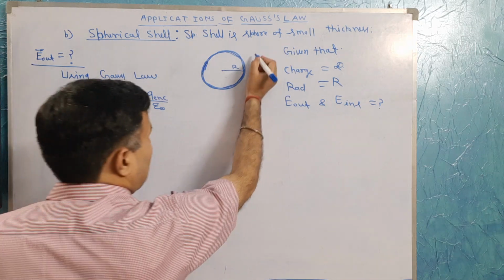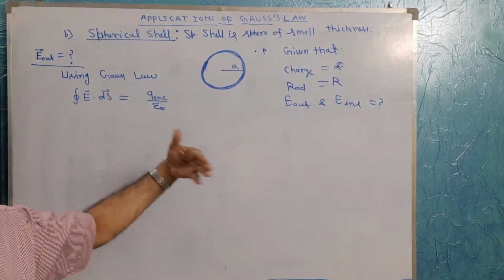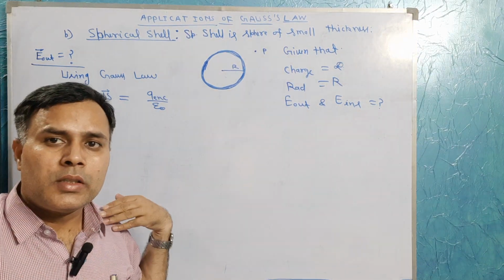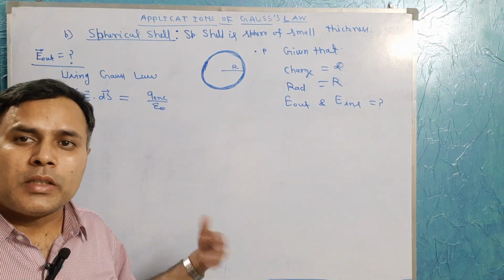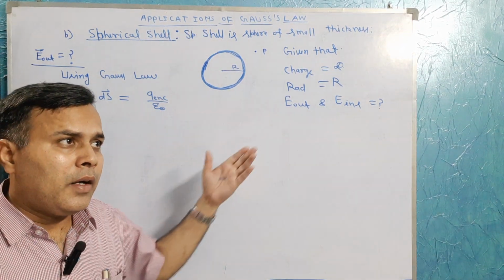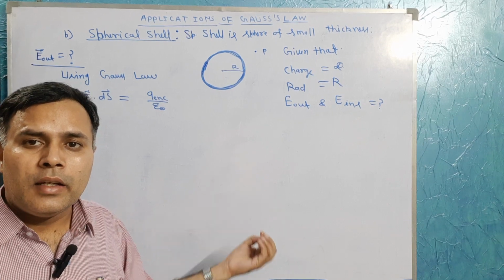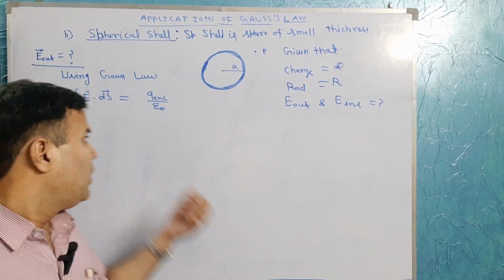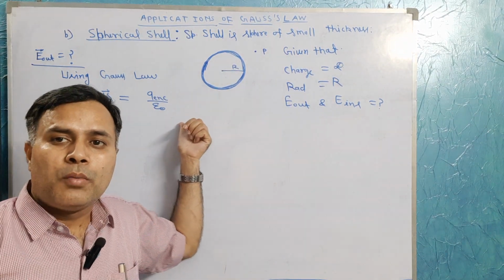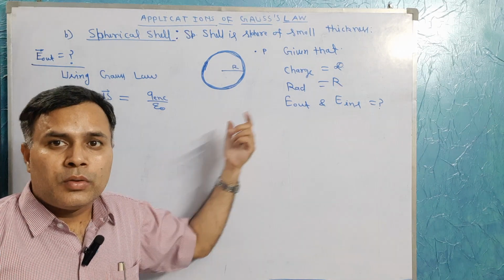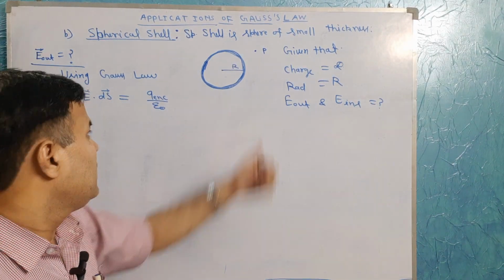So in this case we want to find the electric field at any point P. This is again a four to five step process: recognize the geometry, draw the corresponding Gaussian surface, which is an imaginary surface, find the charge enclosed, then evaluate E dot ds, and then equate the left hand side to the right hand side and rearrange in order to find the profile of electric field. These are the steps through which we can apply Gauss law.